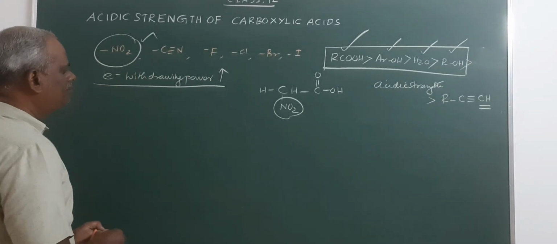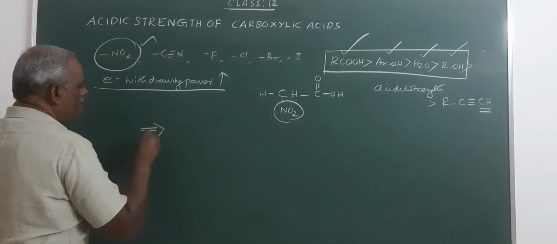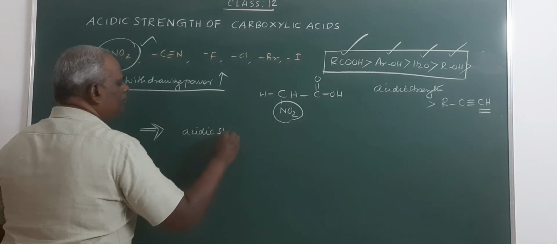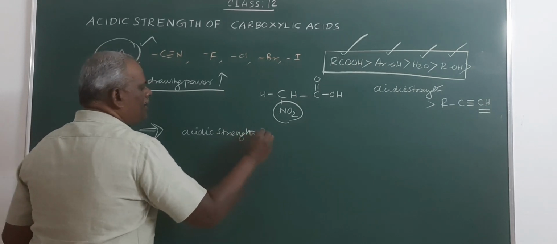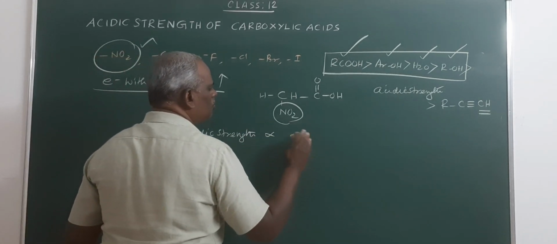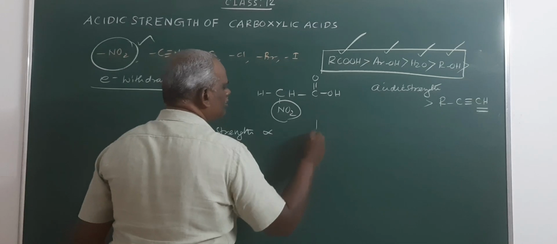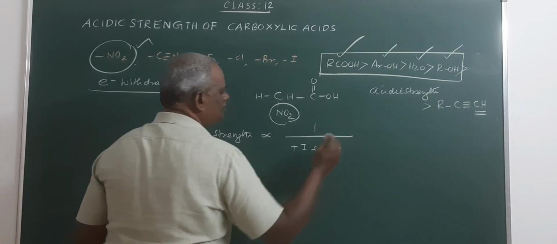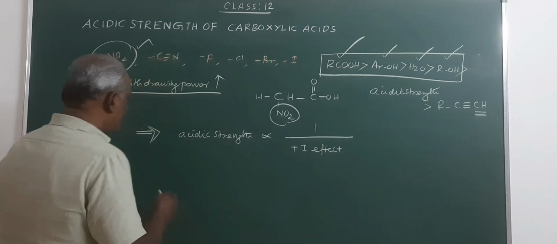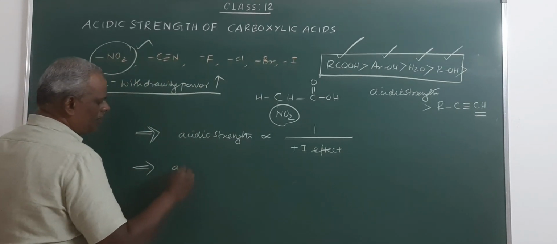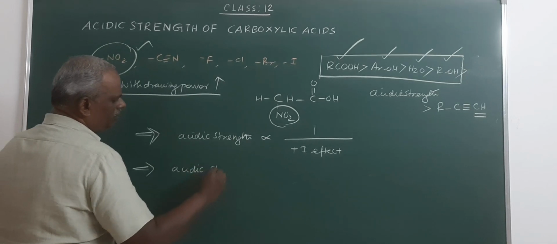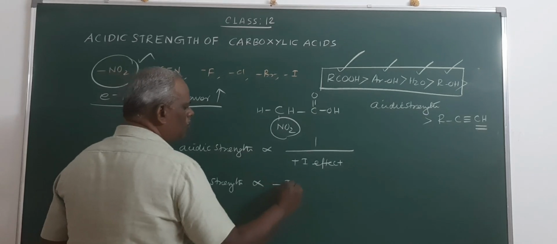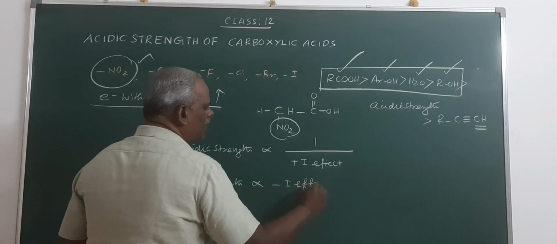Point 1: acidic strength is inversely proportional to plus inductive effect, and acidic strength is directly proportional to minus inductive effect.